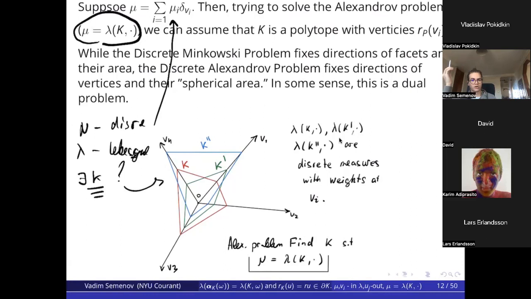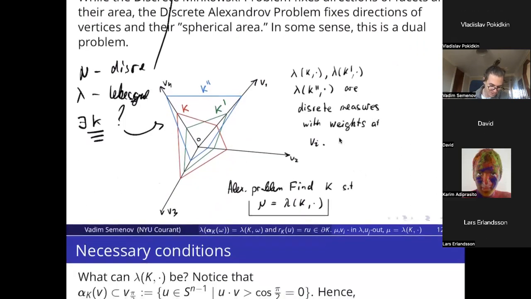And then your condition about angles becomes a different version of the surface area in some sense, but we will get to it a bit later.